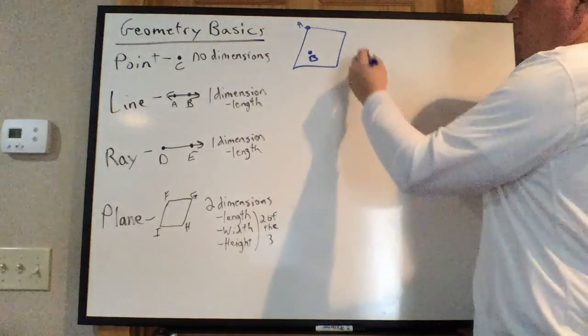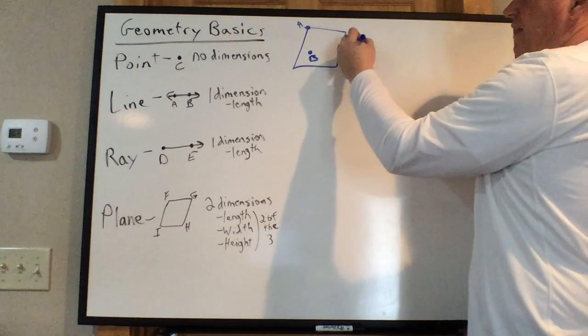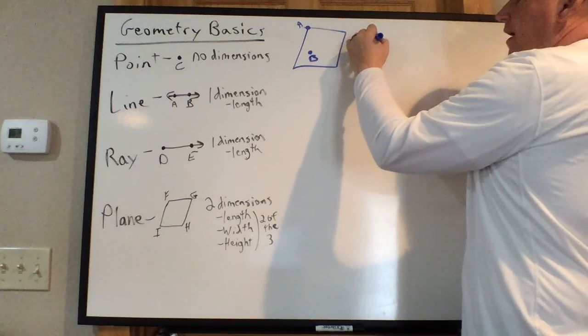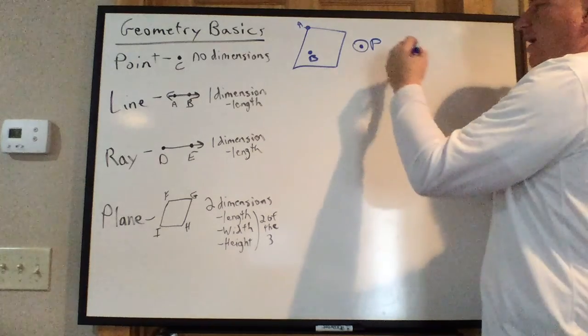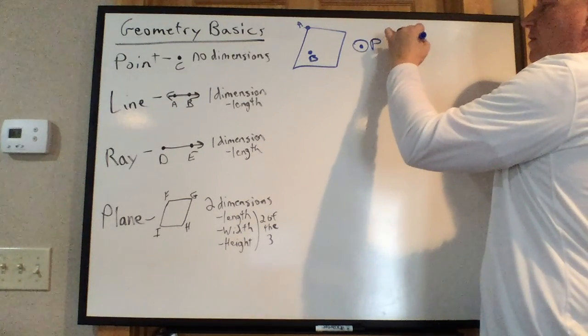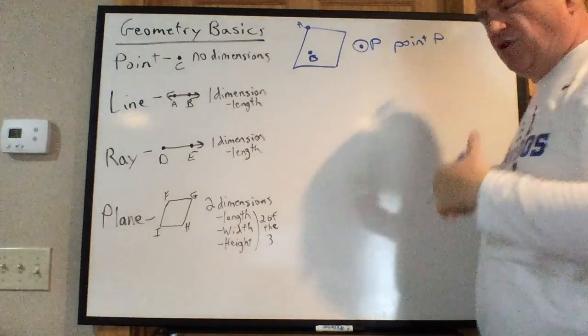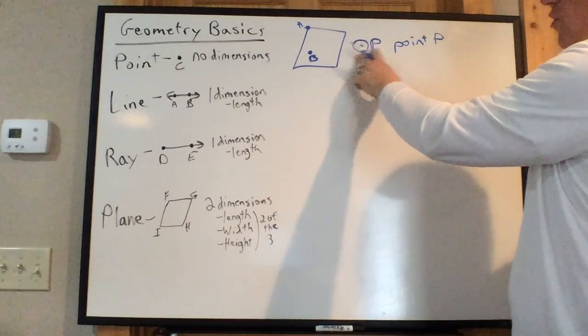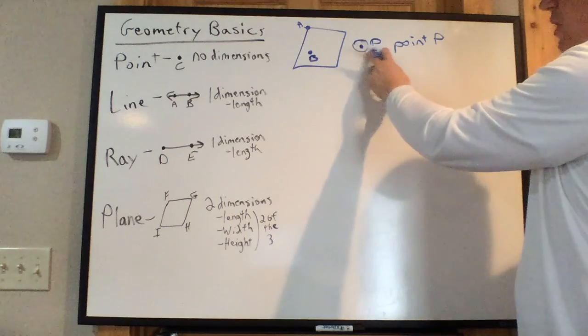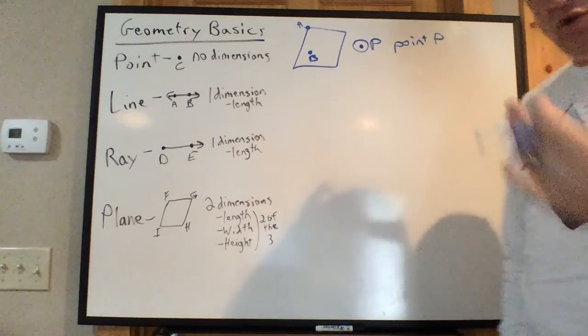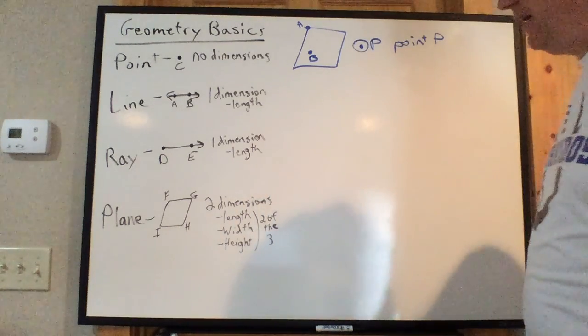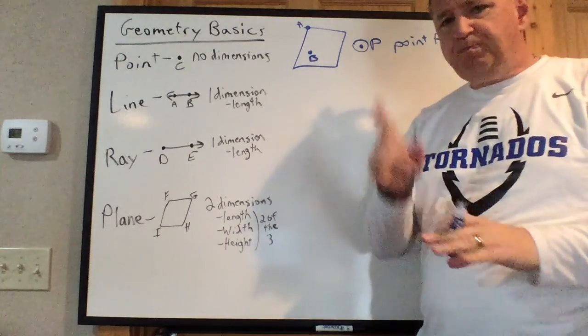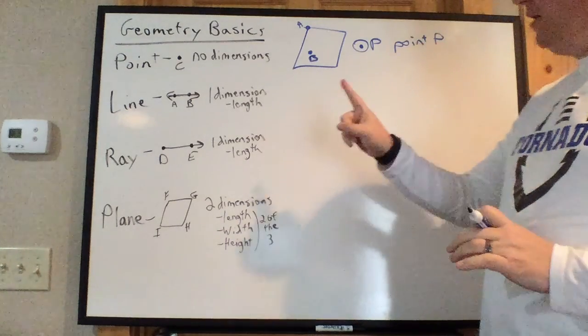So when you look at your worksheets, it could say point P, or it could just say P. It could do it in several different ways. You could see it graphically like this, or in a word problem or something along those lines. It could look many different ways. Again, no dimensions, one letter to label it.